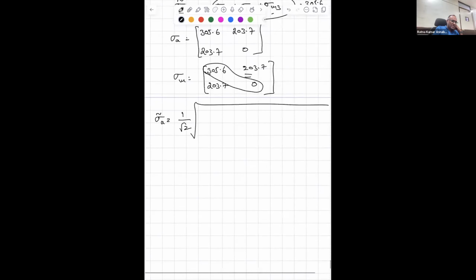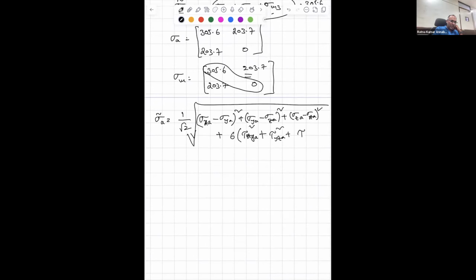Equivalent stress is 1 by root 2 times the square root of sigma XX amplitude minus sigma YY amplitude whole square plus sigma YY amplitude minus sigma ZZ amplitude whole square plus sigma ZZ amplitude minus sigma XX amplitude whole square plus 6 times tau XY amplitude square, tau YZ amplitude square, tau XZ amplitude square.